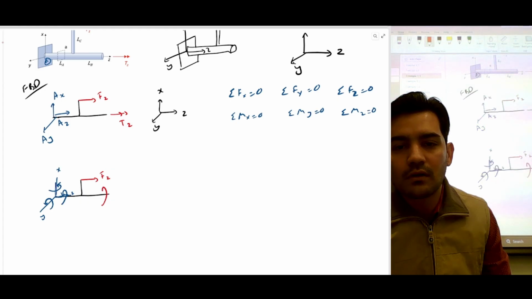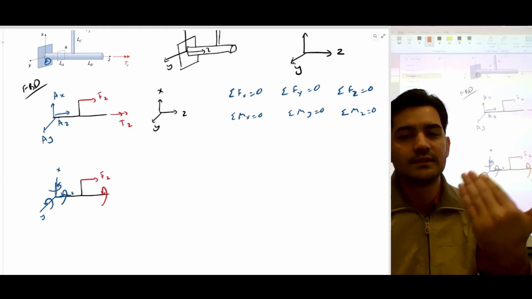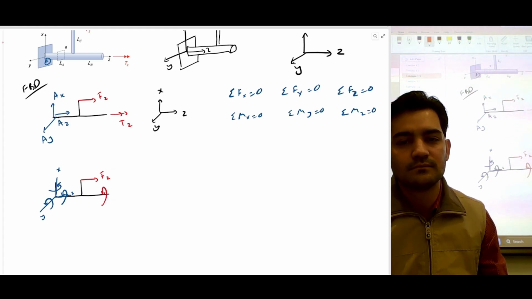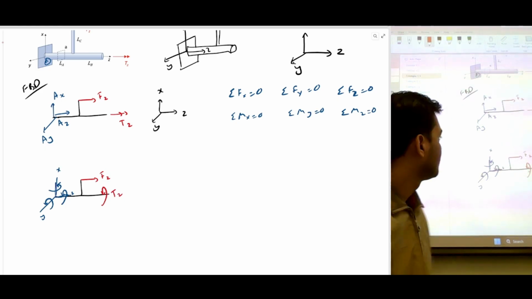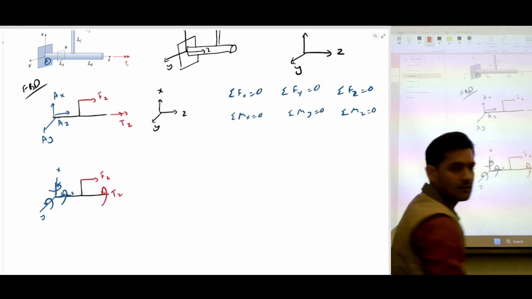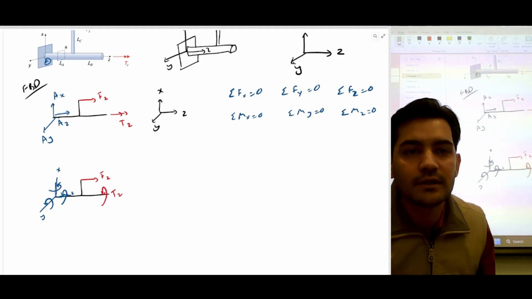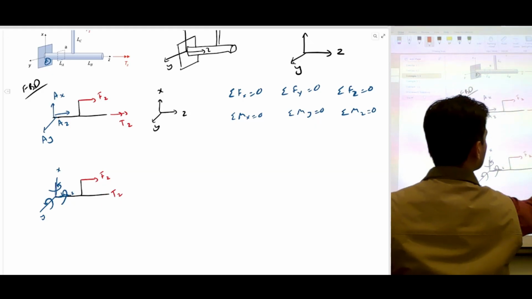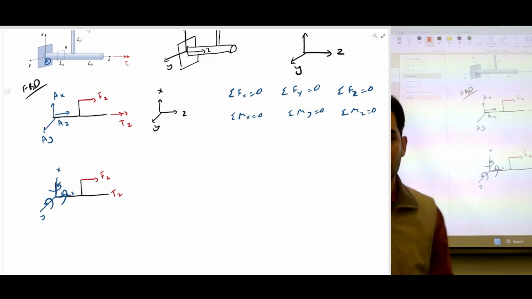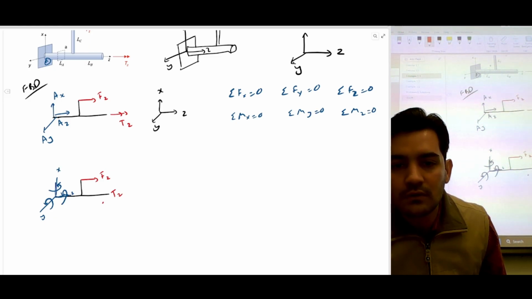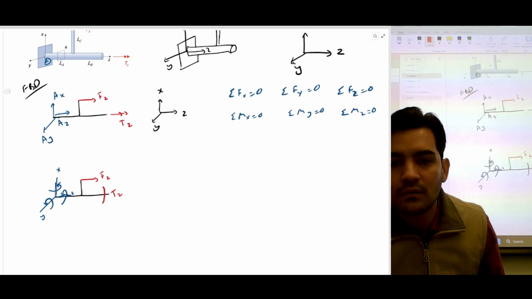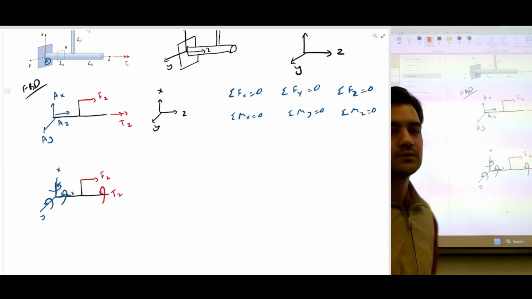I mean, it's along the z-axis. I think it's the opposite direction. Something like that.